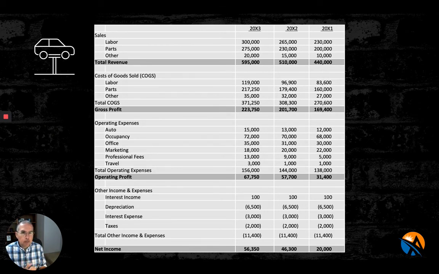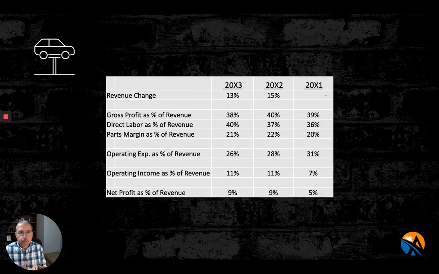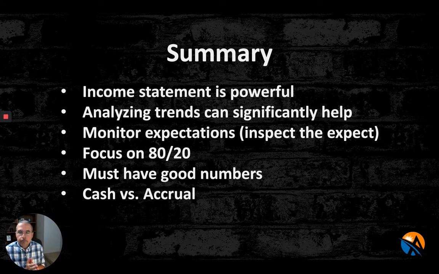It's meant to be a tool that you can utilize in your business. So, in summary, hopefully I got across the point that the income statement is powerful. It certainly is powerful if it's used in the right way. If you're tracking expenses, if you're getting data that you need in the right way, utilize it to analyze your trends. I showed you an example of how to utilize it.